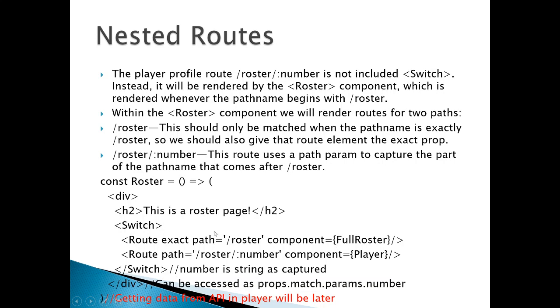So we can apply the switch at a third tier. It is not necessary to show all the URLs or all the paths at the first level. You can divide them into your different components using the switch statement.